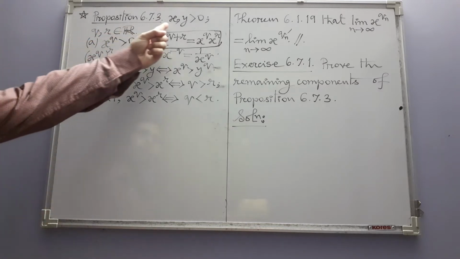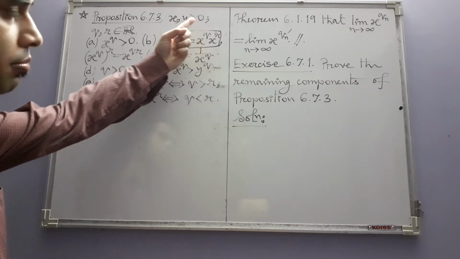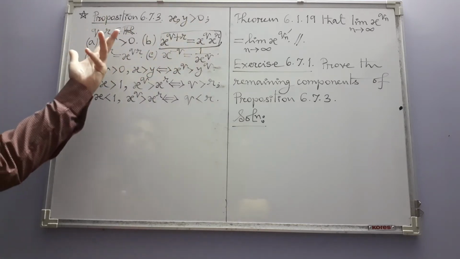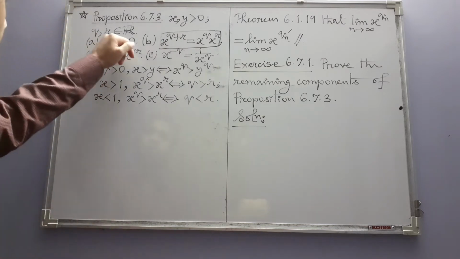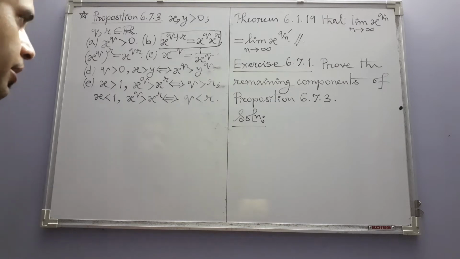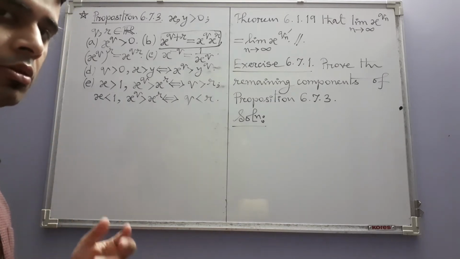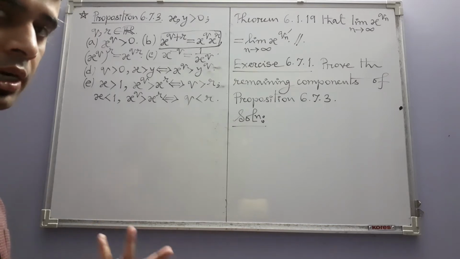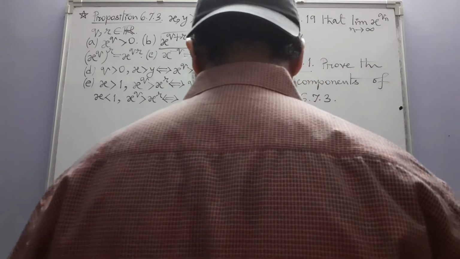So let us start with the hypothesis. The hypothesis is that x and y are real numbers, and these are also real numbers, but x and y are positive. Because q and r are real numbers, by the definition of real numbers, each one of them is a limit of a sequence of rational numbers. So we start by assuming just that.